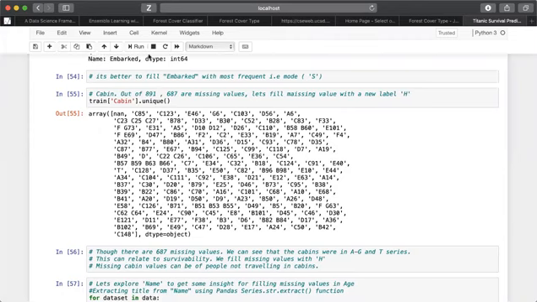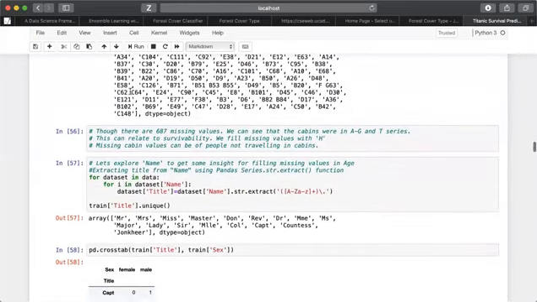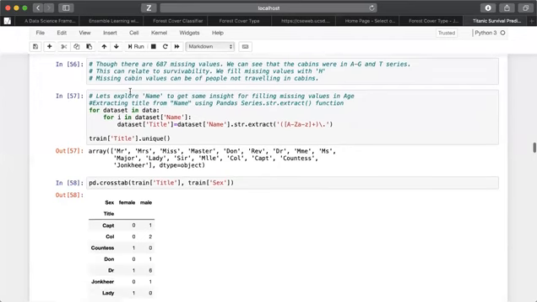Now, like I covered for the age, I have tried to take out some insight from the name. For that, I have used the string dot extract method of the pandas series. If we see the name column, the last name was there, thereafter the title was given, followed by a dot.